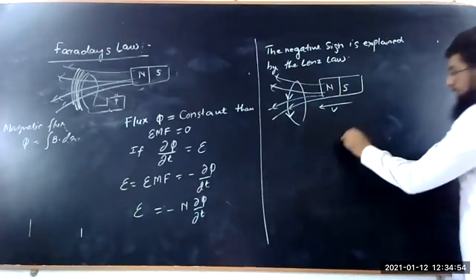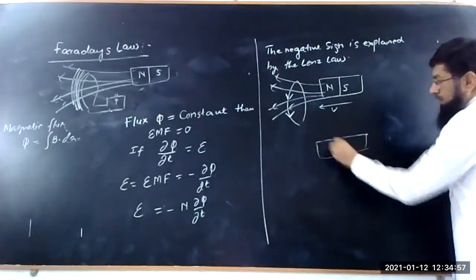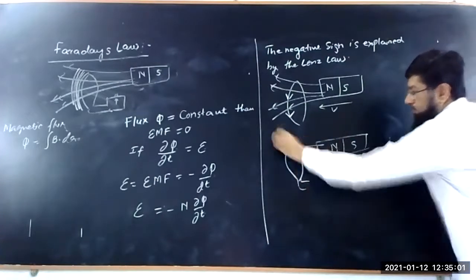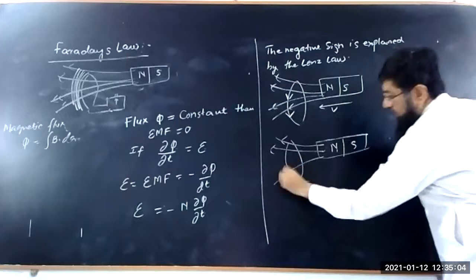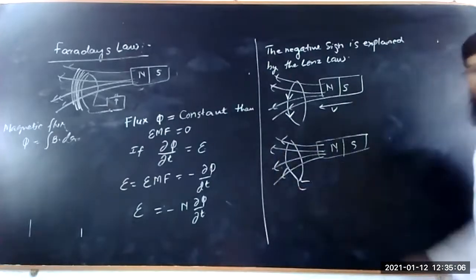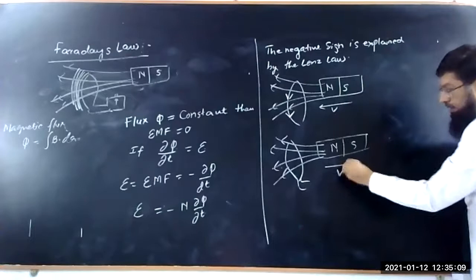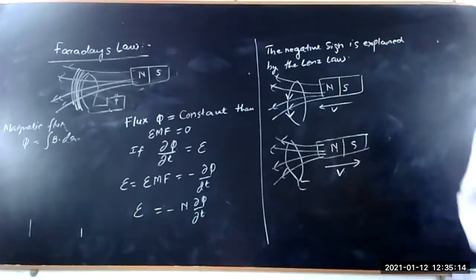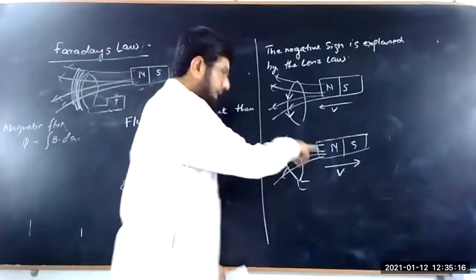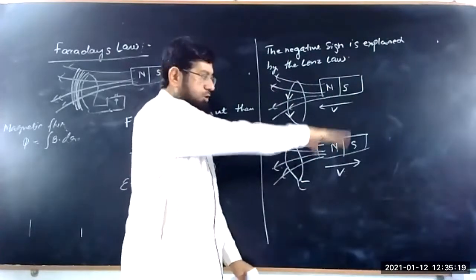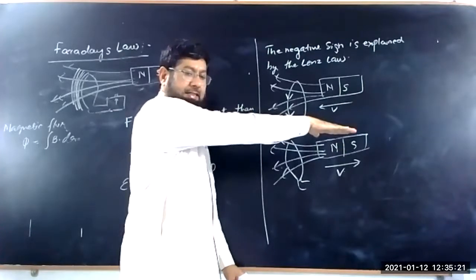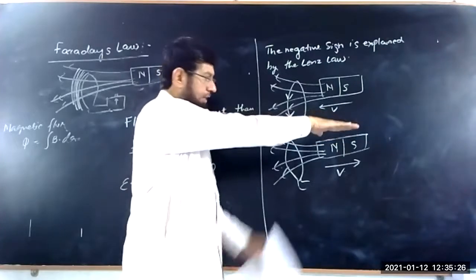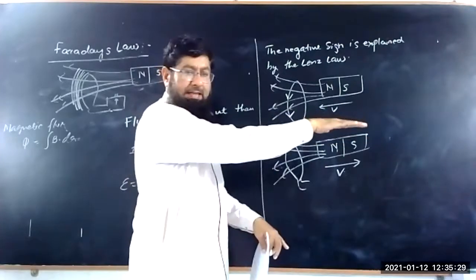Similarly here, we have the same coil, north pole and south pole, with the magnetic lines of force passing through the coil, but here the motion of the magnet is in this direction. So the direction of the right hand indicates the direction of the rate of change of flux, and this thumb indicates the direction of the current.